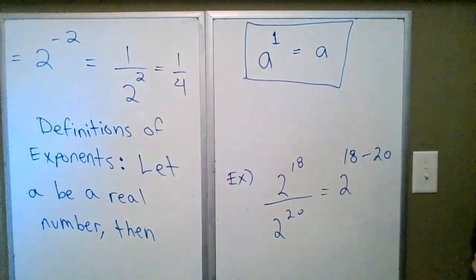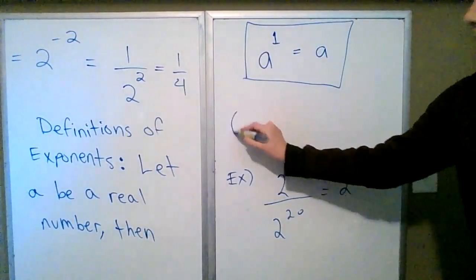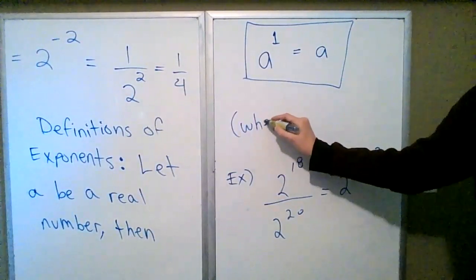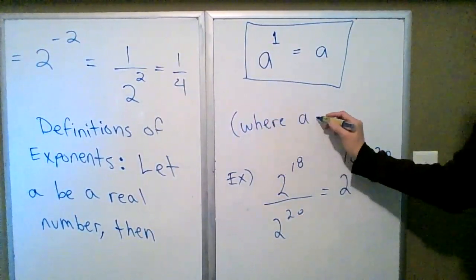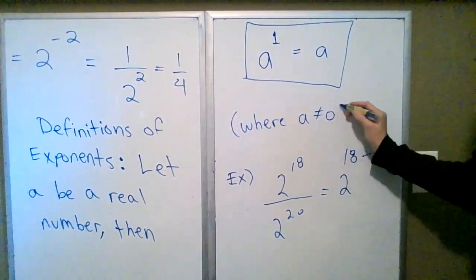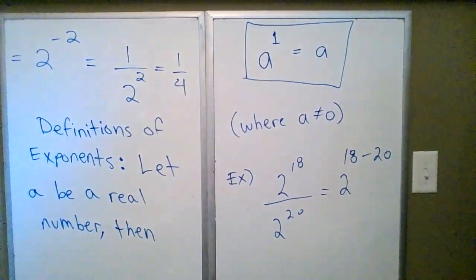And just to note that A does not equal 0, so it doesn't work for 0. If you have A to a power of 0, it is equal to 1.